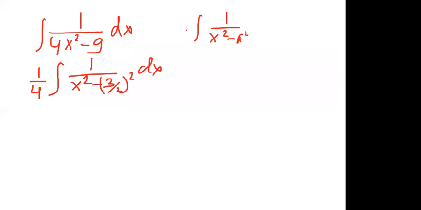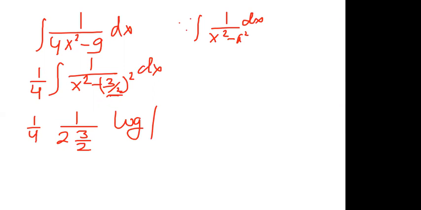Now you can think it is similar to the identity 1 upon x square minus a square, and the identity gives 1 upon 4 as it is. I'll write 1 upon 2a, that is 1 upon 2 times 3 by 2, log mod (x minus a) upon (x plus a), which is (x minus 3 by 2) upon (x plus 3 by 2) plus c.